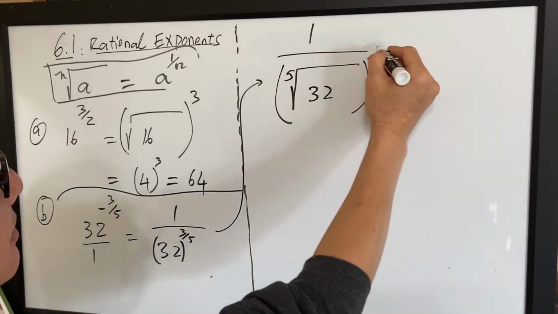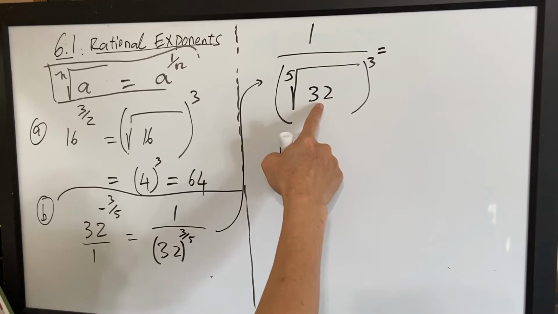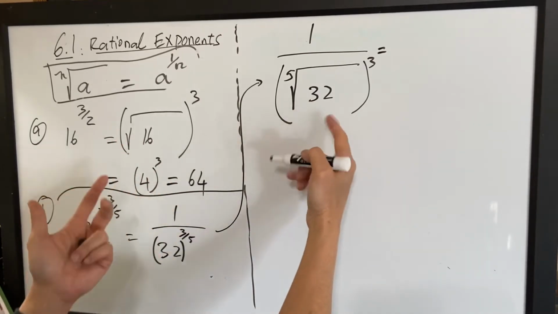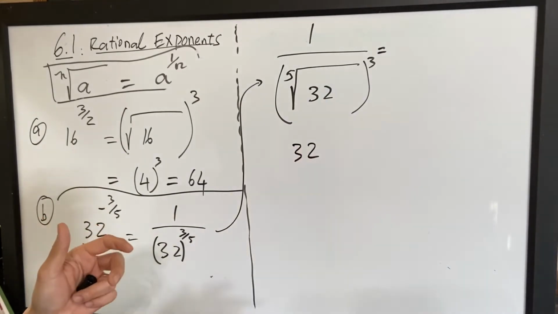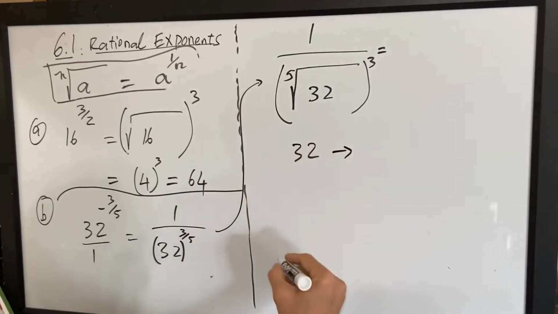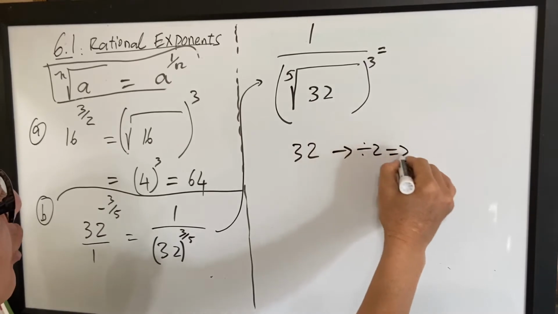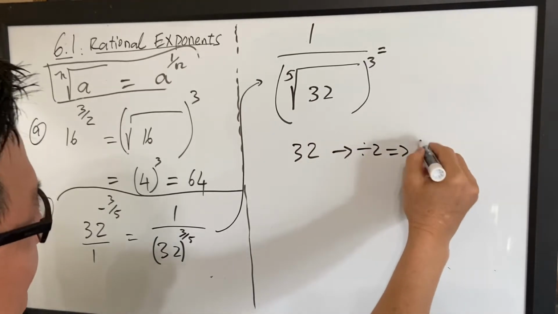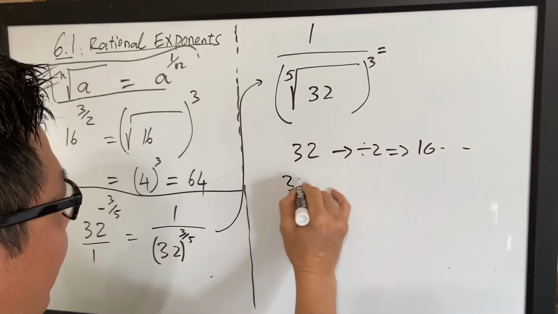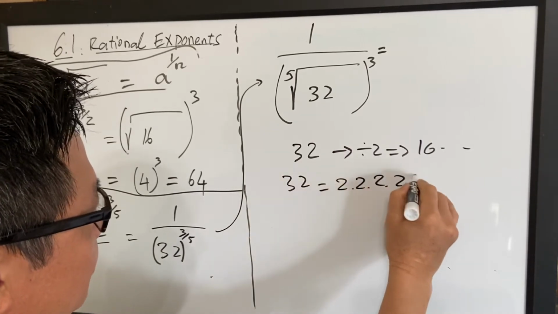Okay, good? All right. Ask yourself, can I express 32 as a product of factors? If you divide this by 2, you will have 16, and then so on. You will see 32 is equivalent to 2 times 2 times 2 times 2 times 2.